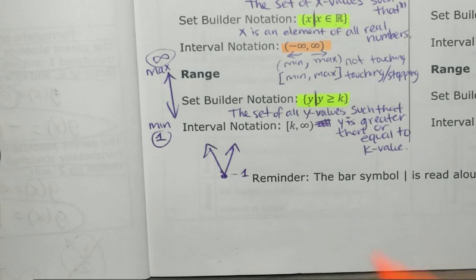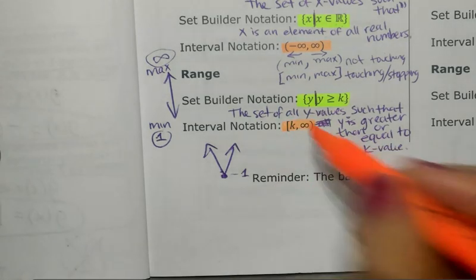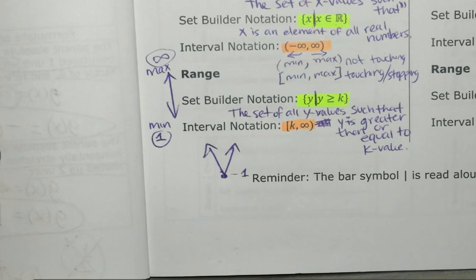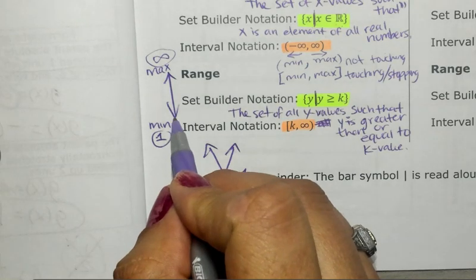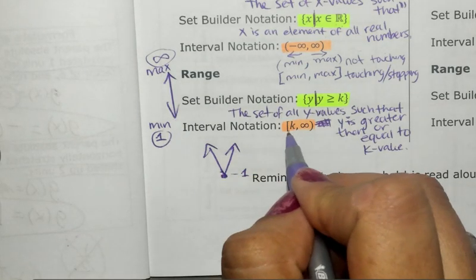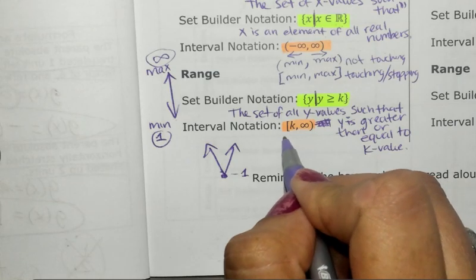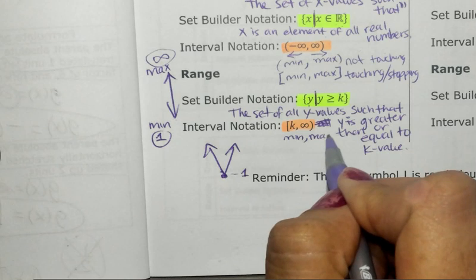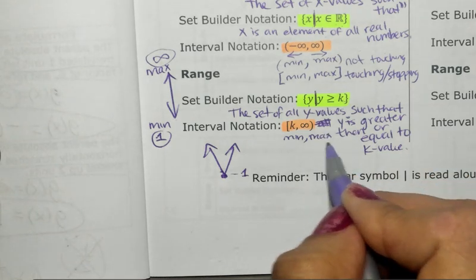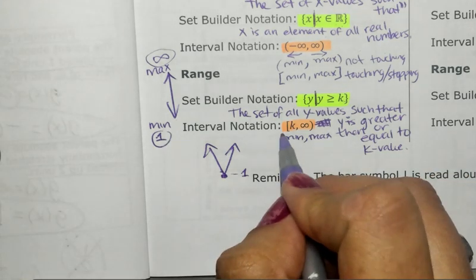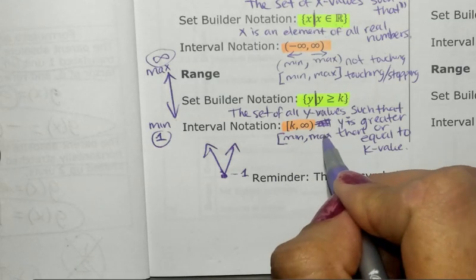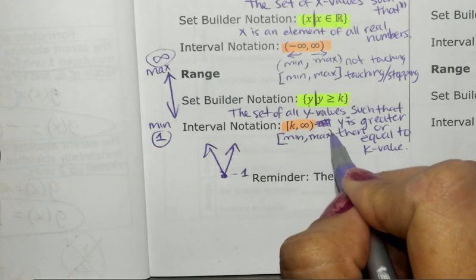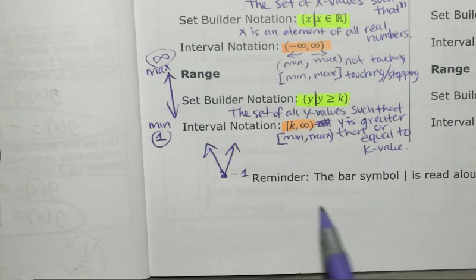For interval notation, because your k value is your minimum, so again, the lowest the graph got was 1, you will have a minimum of the k value and then the maximum after. And because it is stopping at the minimum, you will write brackets, and it is not stopping at the maximum, so parentheses.